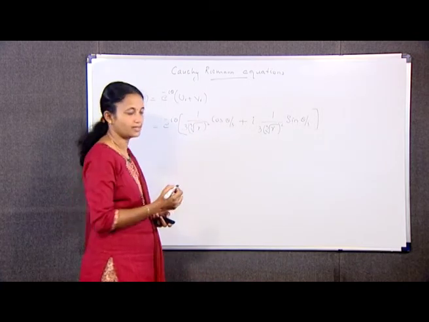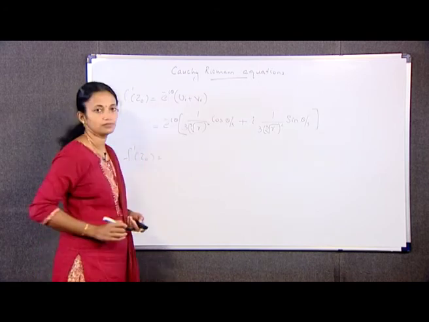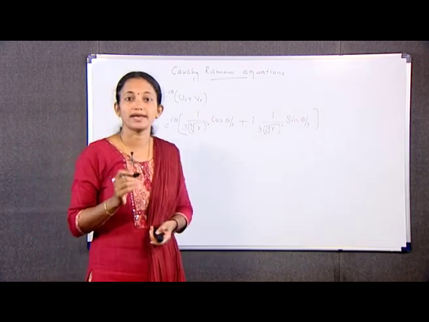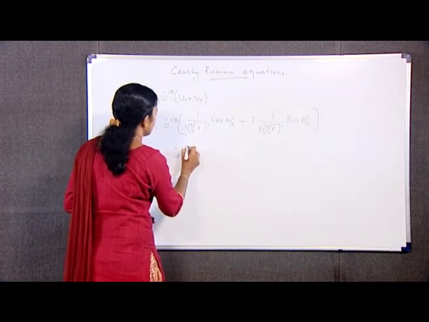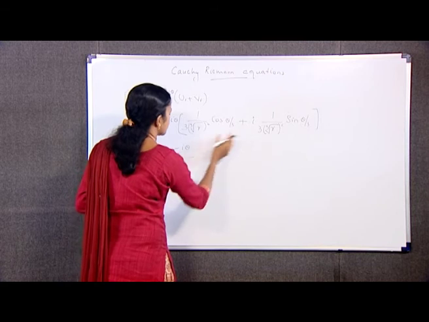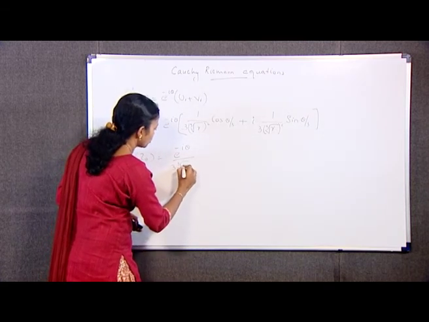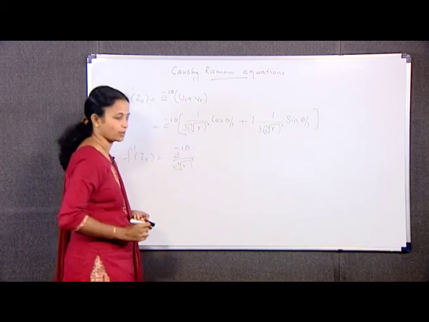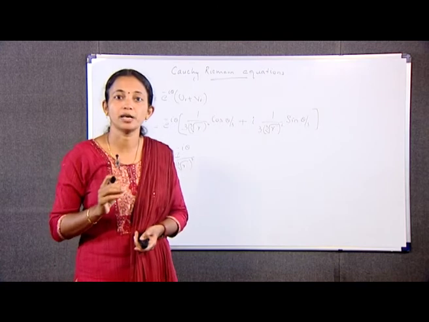Or I can write f dash of z naught is equal to e raised to minus i theta by 3 times (cube root of r) whole square, taking the denominators outside, into e raised to i theta by 3.